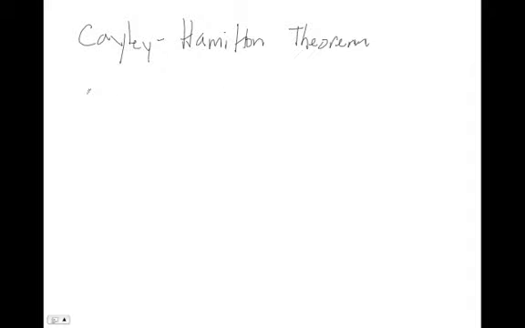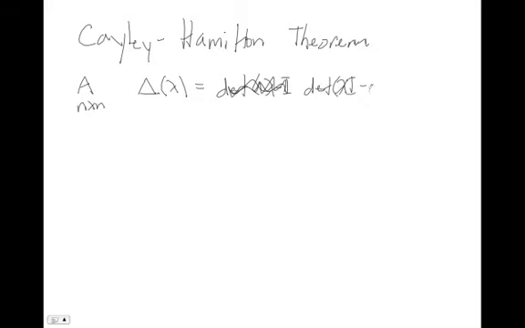So if we have some matrix A, and it's an n by n square matrix, then we've been talking about its characteristic polynomial. And for the characteristic polynomial, you just take the determinant of lambda I minus A, and you can also say A minus lambda I, it doesn't matter, and you set that thing equal to 0.